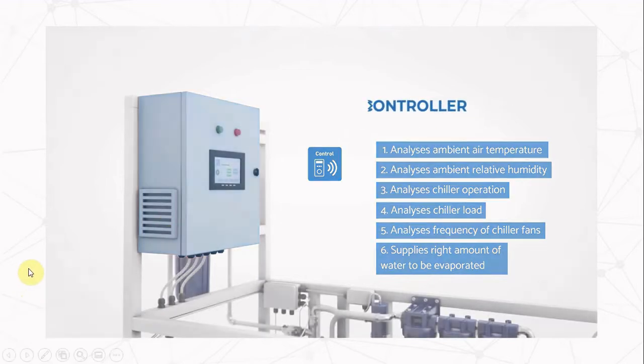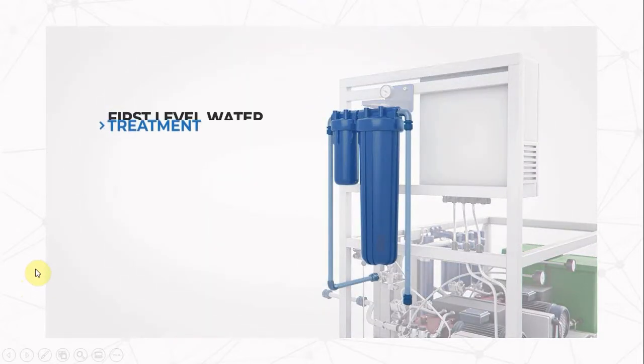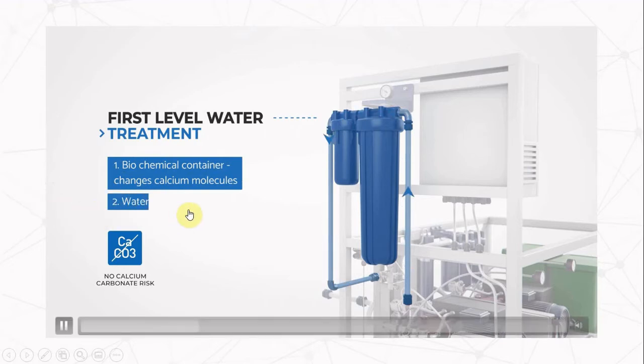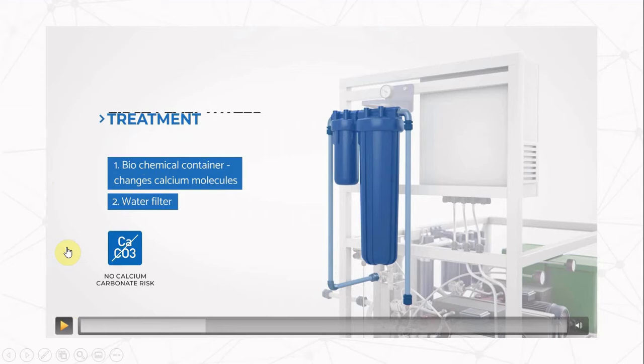Next in our presentation, we will talk about a very important point in the adiabatic process, the quality of water the smart cooling equipment uses. The system is designed to use tap water available on every building's roof or ground level. However, most tap water contains limescale or calcium molecules.